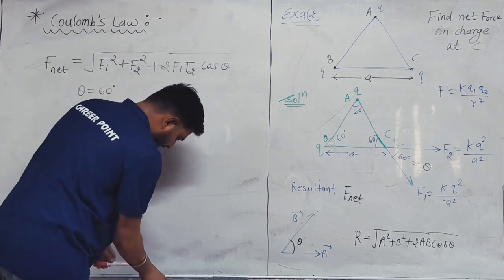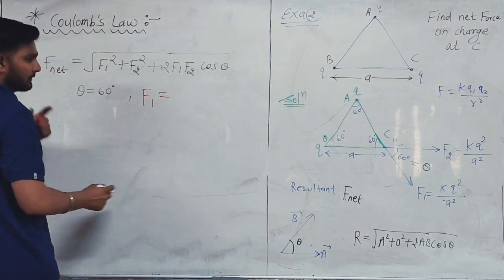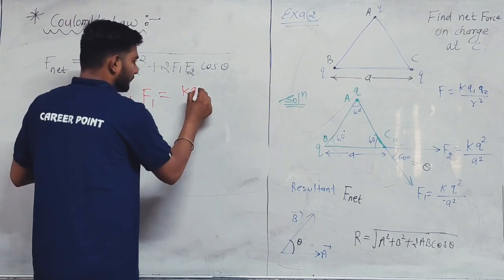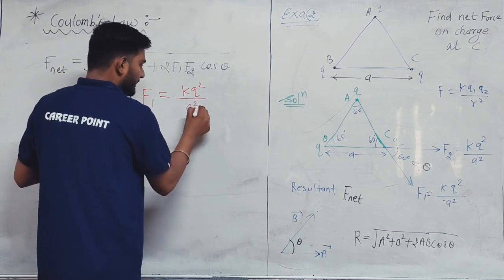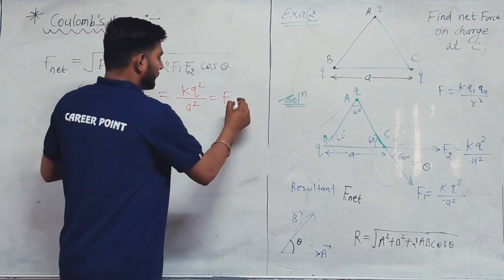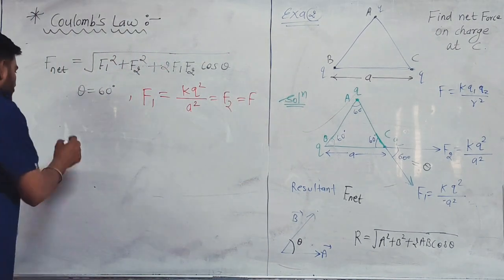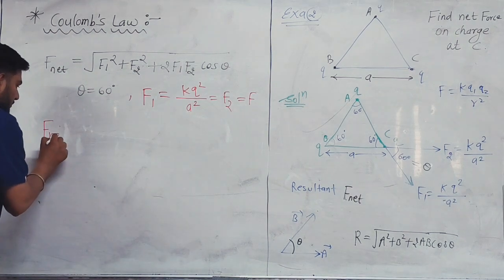What is our F1? F1 is KQ square by A square, and similarly F2 is the same. Let's suppose F1 and F2 are both equal to F. So what will be the resultant or net force?